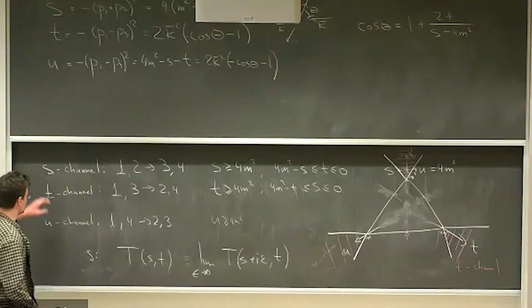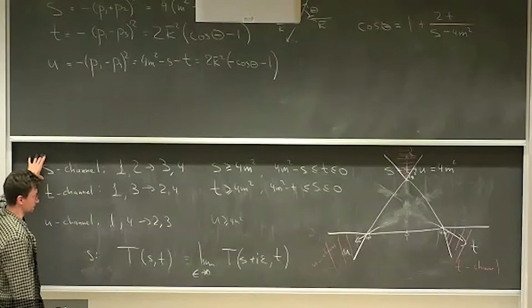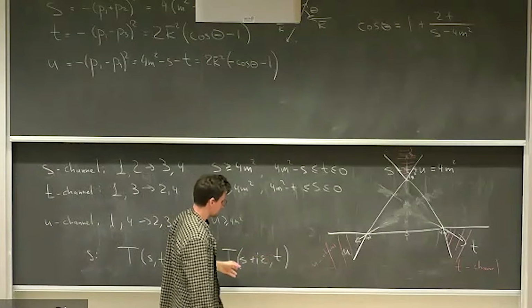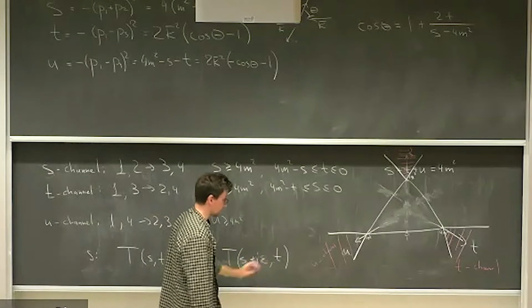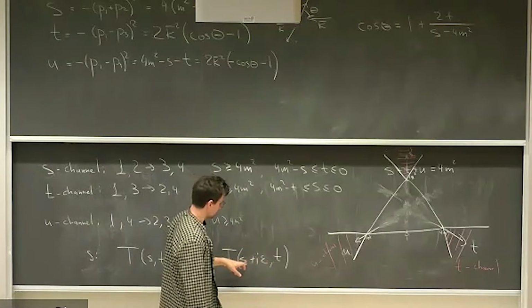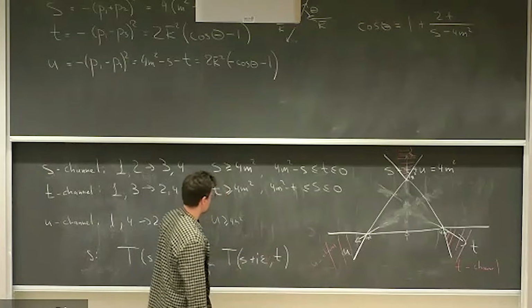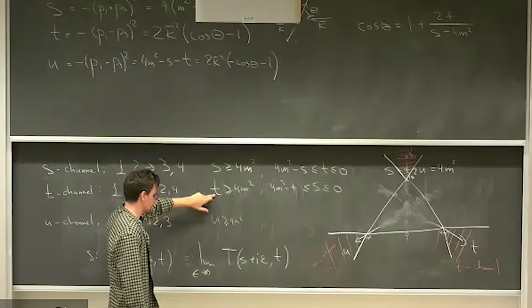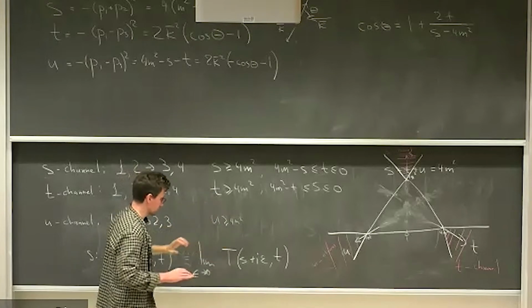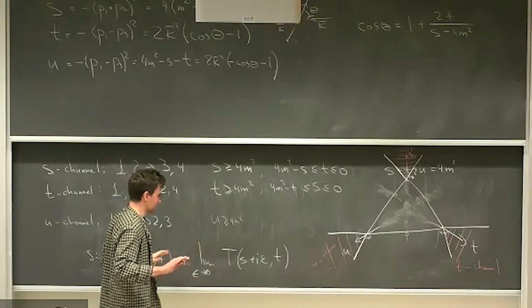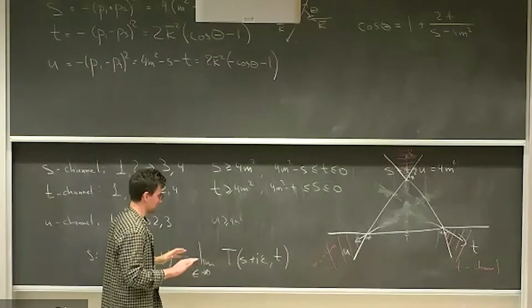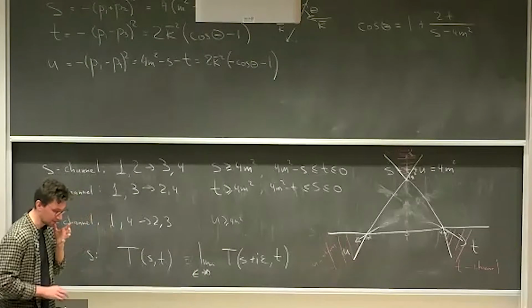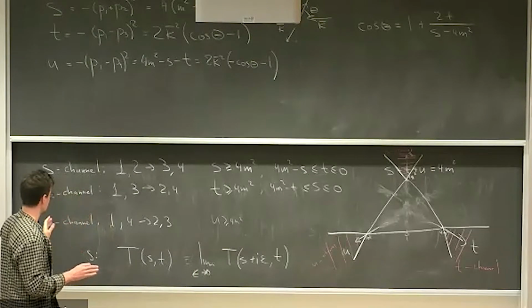And then you might ask, okay, let's say we did the experiment in the S channel and we find this function of S and T. What happens if we just take this function which we found and we analytically continue S and T in such a way that we land in this region? So a priori, if you're very naive, you find the function which describes the scattering in the S channel, and after you analytically continue, it has nothing to do with scattering in the T channel and U channel.